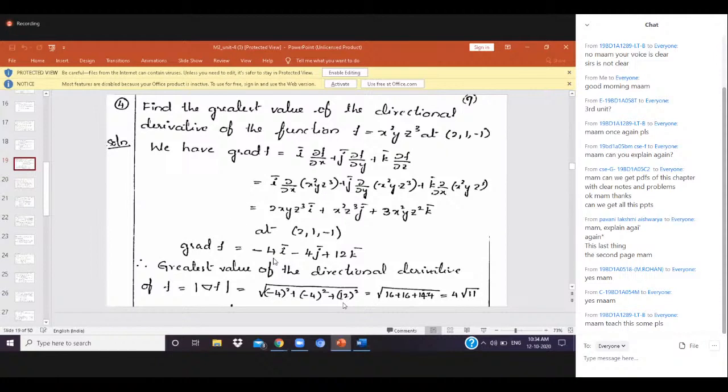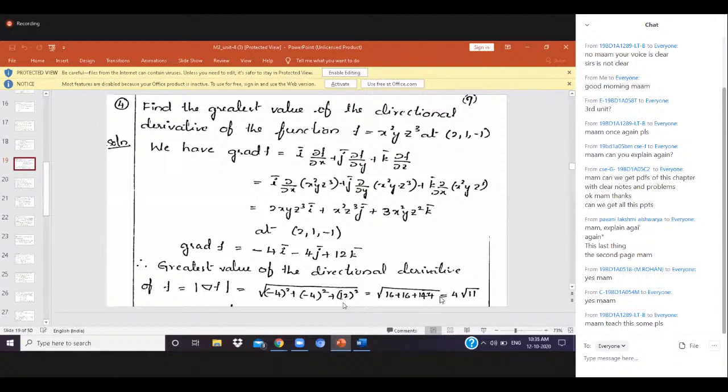So greatest value of the directional derivative is the gradient, that is modulus of del f. So square root of the coefficient of i bar, minus 4 whole square, plus the coefficient of j bar, minus 4 whole square, plus coefficient of k bar, 12 whole square. Simplifying this, the value we get is 4 into root 11.